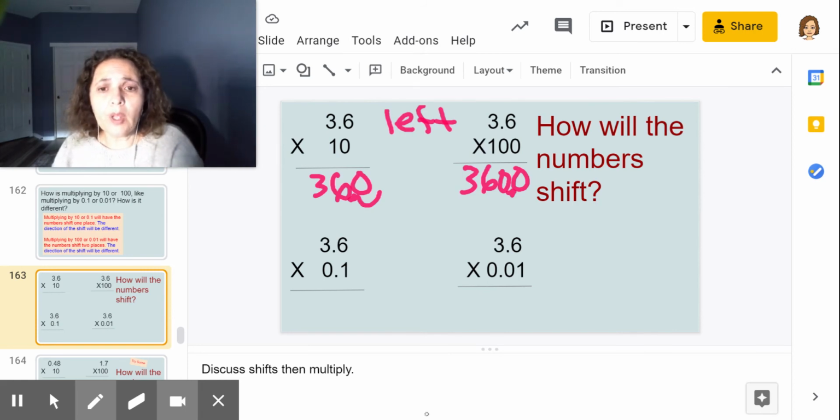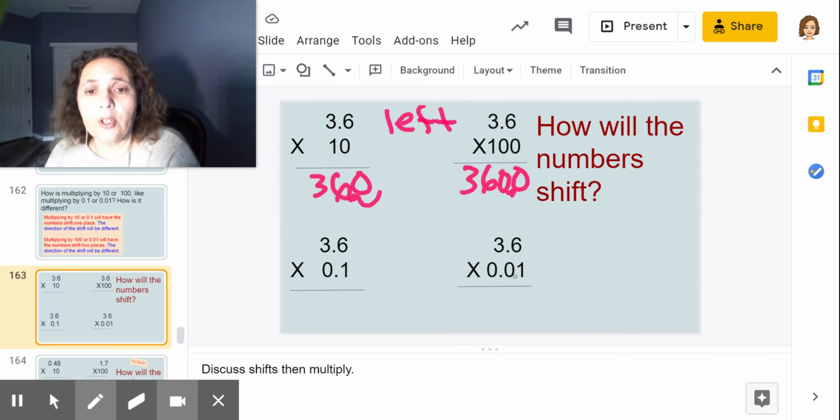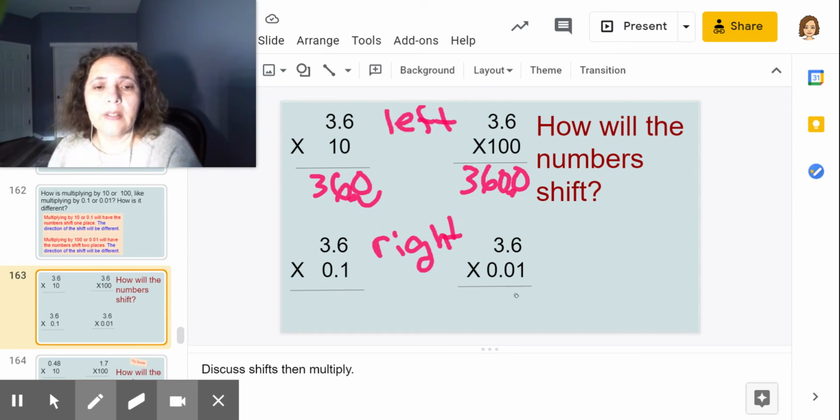So what's going to happen if we multiply by 1/10 or 100th? They should get smaller, right? Because you're taking a part of a part, and they're going to shift to the right. So this is going to get 10 times smaller, and this is going to get 100 times smaller. So what's going to be 1/10 the value? Again, I'm going to ignore the decimals. It's just 36 times 1, which is 36.